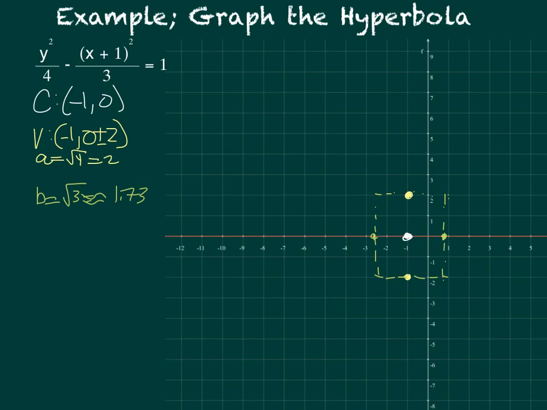And then my asymptotes go through the center and through the corners. And then if I actually graph the equation, it's going to approach my asymptotes but never reach them.